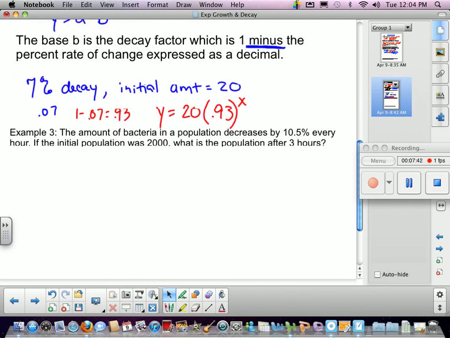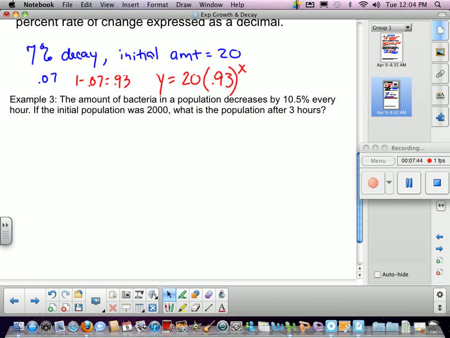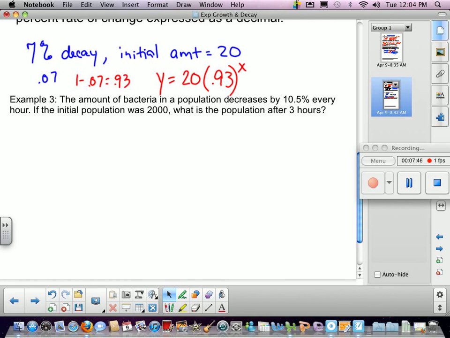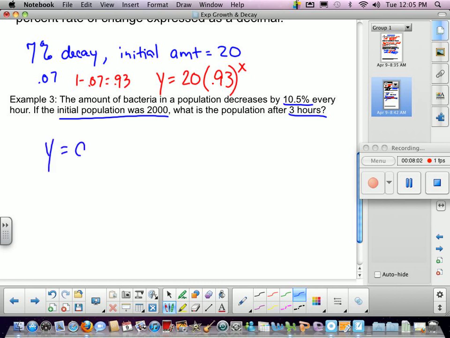All right, in the third example, we've got the amount of bacteria in a population decreases by 10.5%. So there's our percent. Every hour. The initial population was 2,000. Find the population after 3 hours. So we start out with the equation y equals a times b raised to the x.